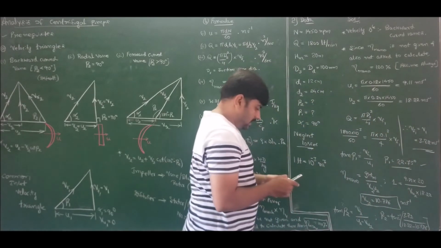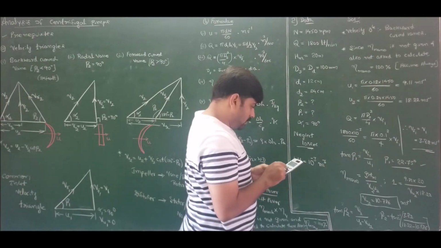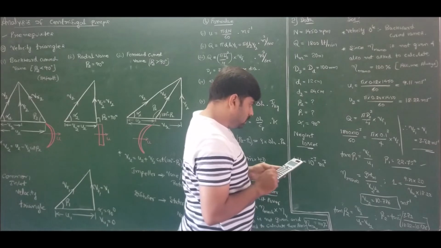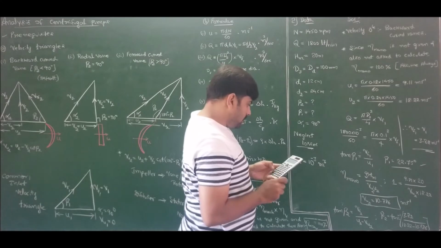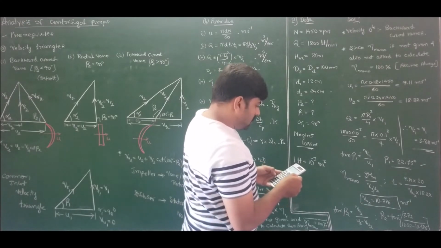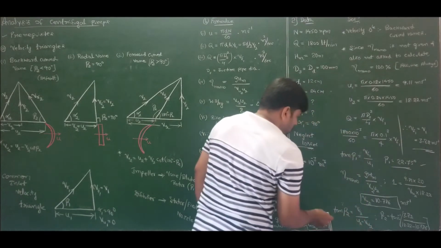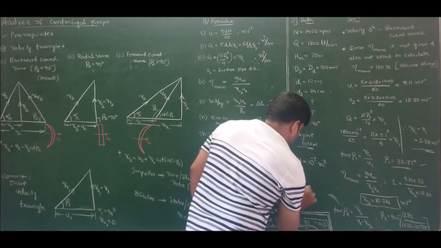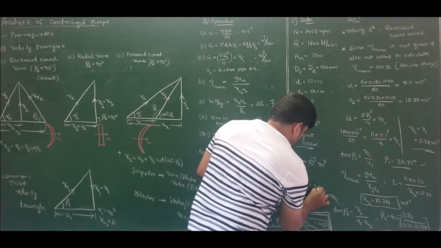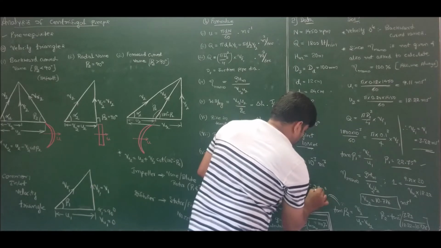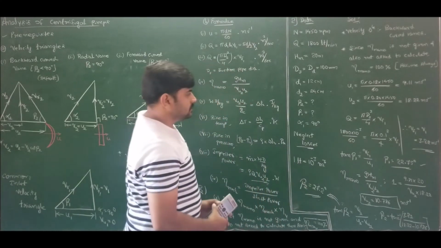So if I solve, I will get beta 2 as 3.82 divided by 18.22 minus 10.786, which is 27.2 degrees. So beta 2 is equal to 27.2 degrees. So this completes the problem.